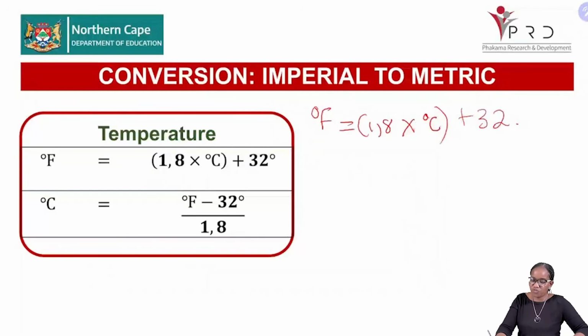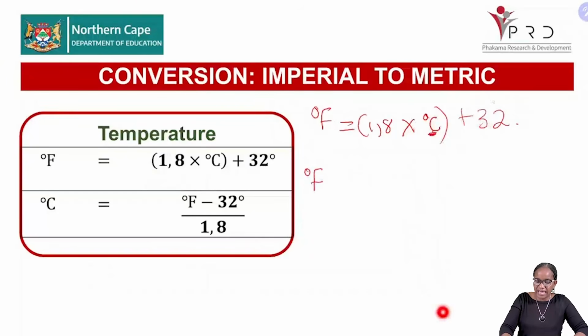For you to find degrees Celsius, given degrees Fahrenheit, I know you have done equations in your lower grades, your grade 7, grade 8, 9. So you are able to make degrees Celsius the subject of this formula. How do we do that? We want to bring everything to this side so that we remain with just the degrees Celsius.